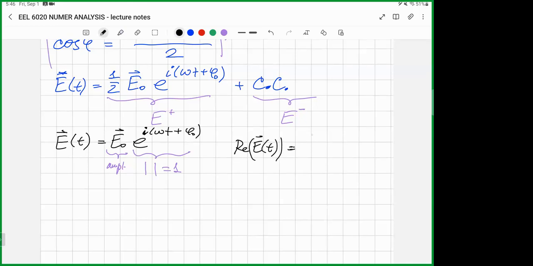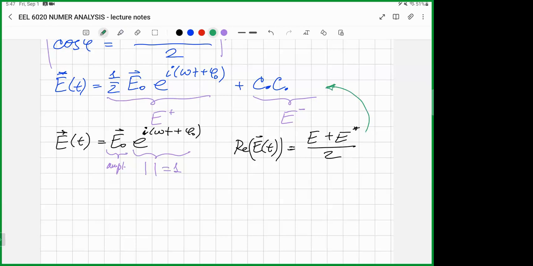What would I get? I would get, sorry, E plus. I mean, it doesn't matter. Let's not write it here. So E plus E complex conjugated over 2. And this is exactly this formula here.